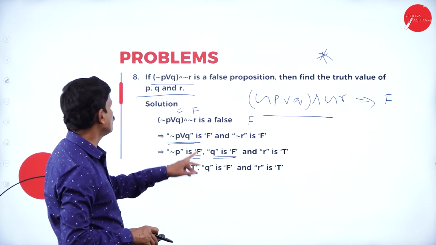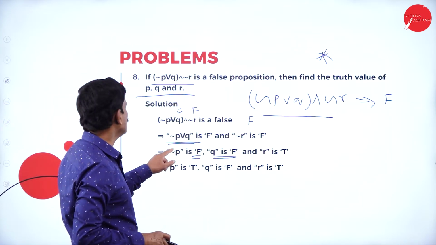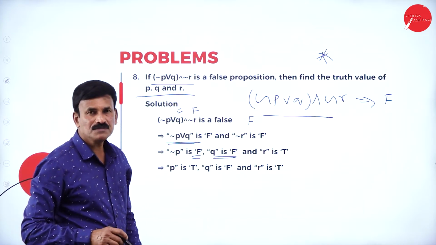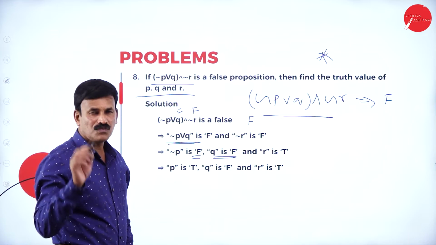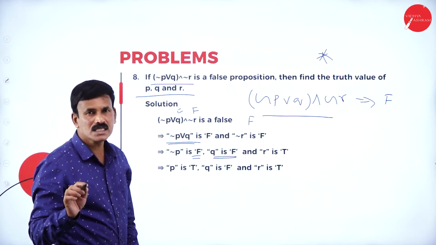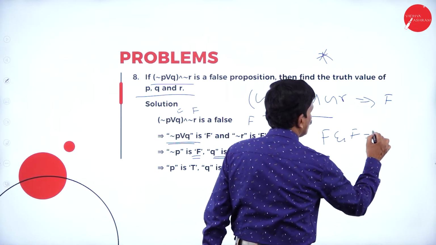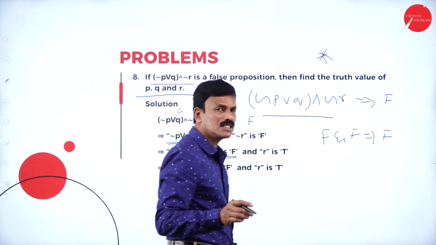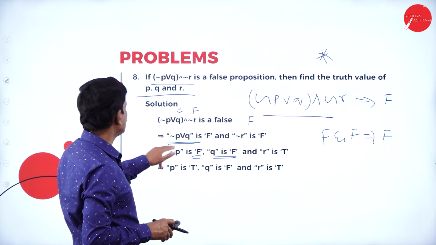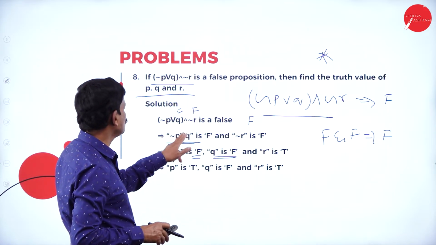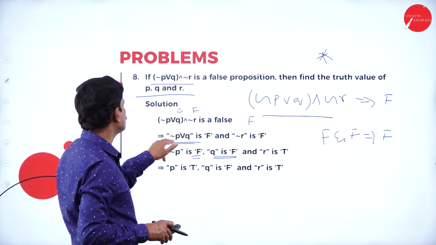Because in a disjunction, false or false is false, and in all other cases it is true. So only if negation of P is false and Q is false does this become false.